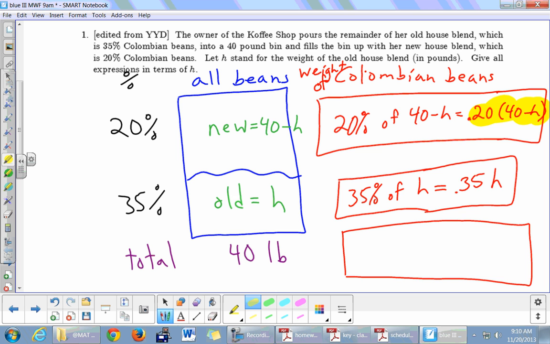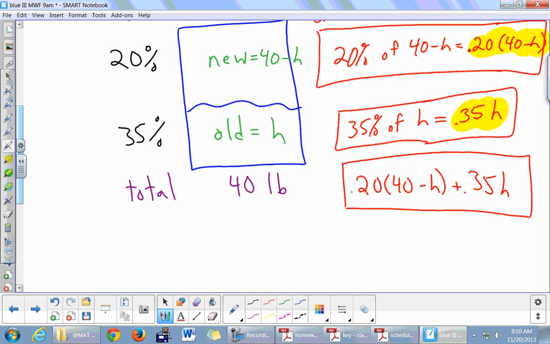I've got that many pounds of Colombian beans and separately that many pounds of Colombian beans. If I want the total weight of the Colombian beans, we add those two things. So we can fill that in here. 0.20 times 40 minus H plus 0.35 H. Any questions on that?